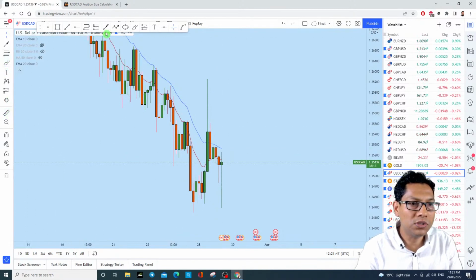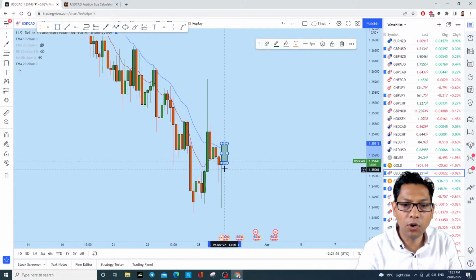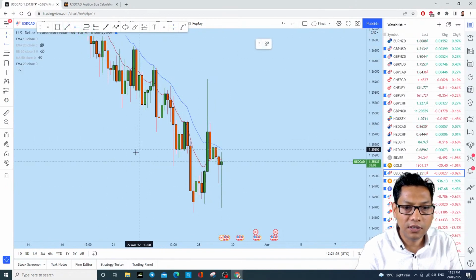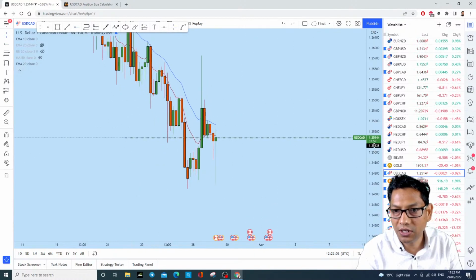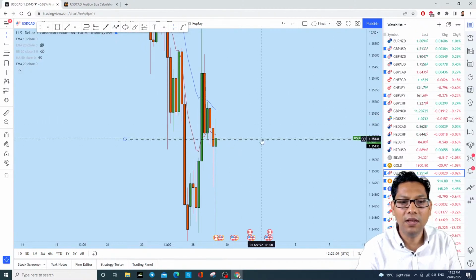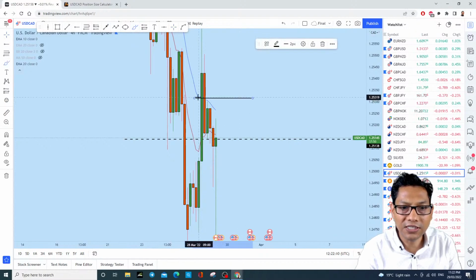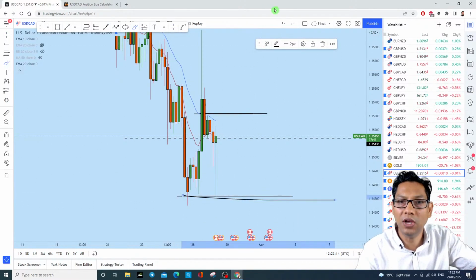If this one closes as a green candle like that, then I'm not going to do anything. But if USD CAD closes just below this green candle, you see this level, 21.2515, below this level, then I will be selling short, keeping the stop loss at least above this high, and I will target at least 1 to 2 or 1 to 3 with our VIP members.